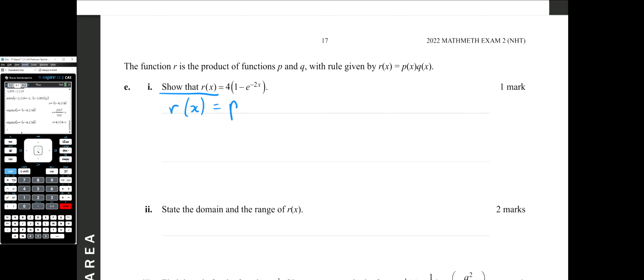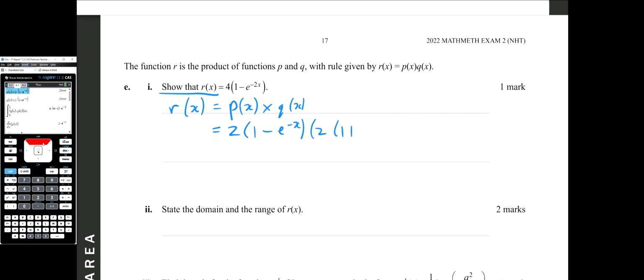So r of x is equal to p of x multiplied by q of x. Going back to the definition, we saw that p of x is 2 times 1 minus e to the negative x, and q of x was 2 times 1 plus e to the negative x.